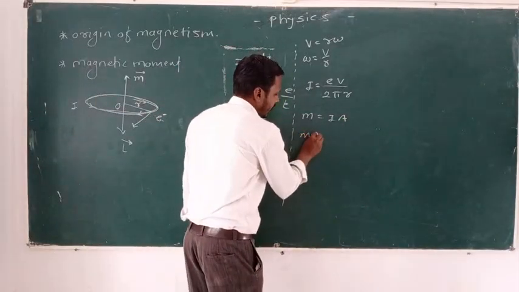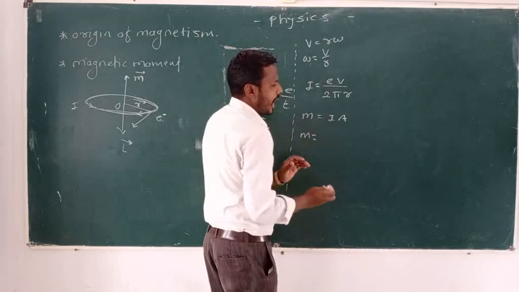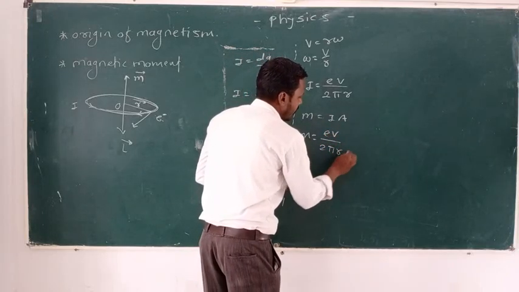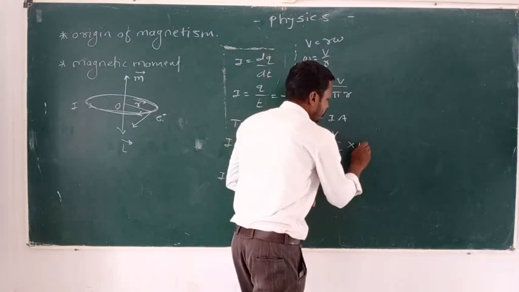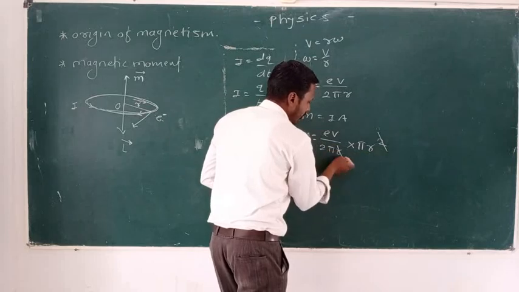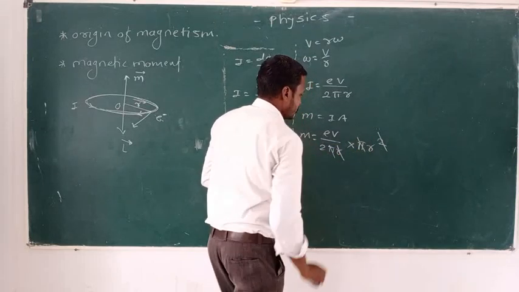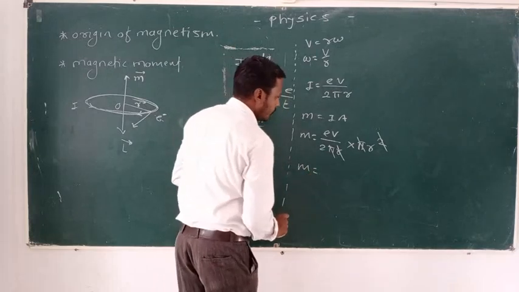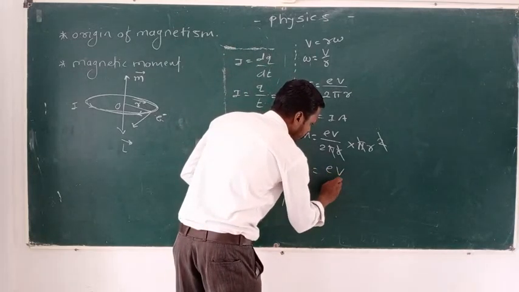I can write M is equal to I, where the value of I is EV divided by 2 pi r, multiplied by area pi r square. r gets cancelled, pi gets cancelled. I can write M is equal to evr divided by 2.